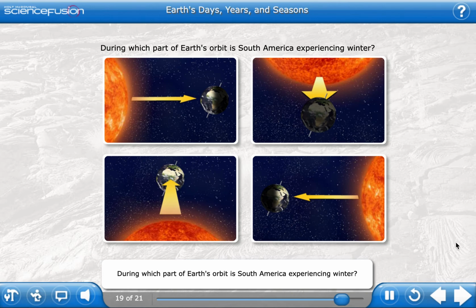During which part of Earth's orbit is South America experiencing winter? Click your answer.